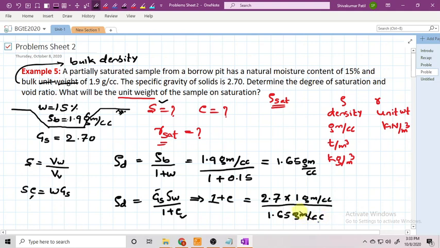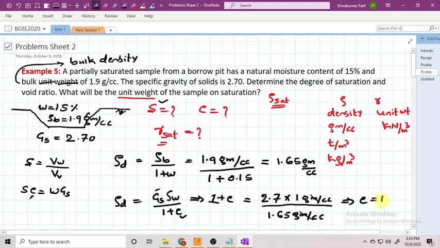The gram per cc will cancel. So E equals this much minus 1. So 2.7 into 1 divided by 1.65. 2.7 divided by 1.65 will be around 1.63.